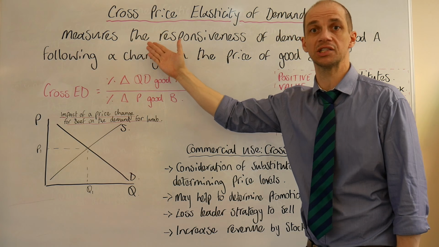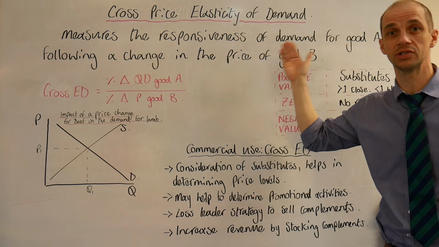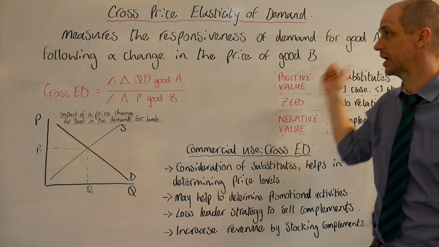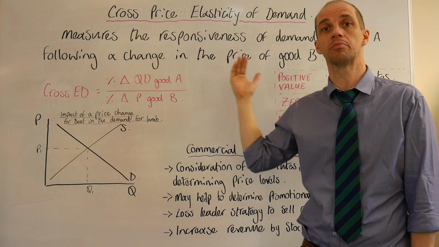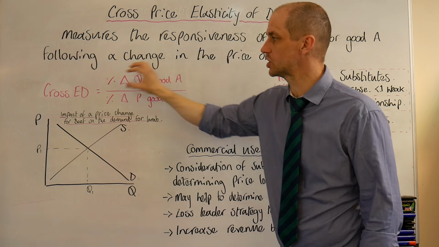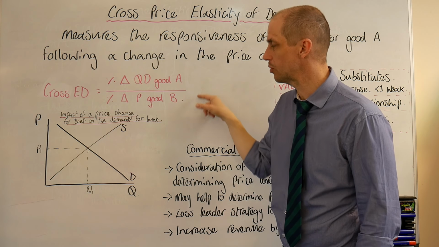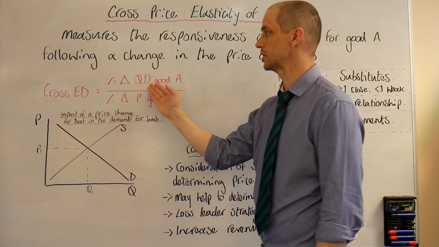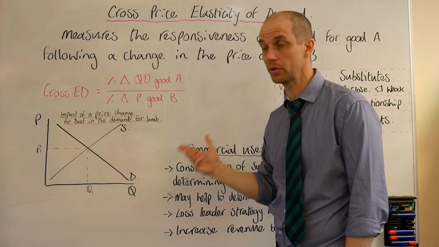So cross-price elasticity of demand measures the responsiveness of demand for good A following a change in the price of good B. Now we can see this notion highlighted here. Once again, we have queens over princes, so that is quantity demanded over price.